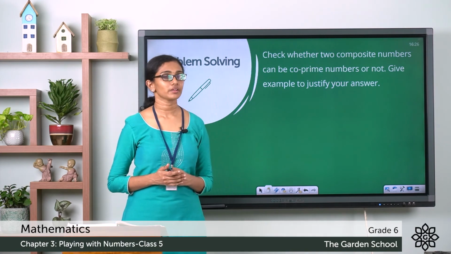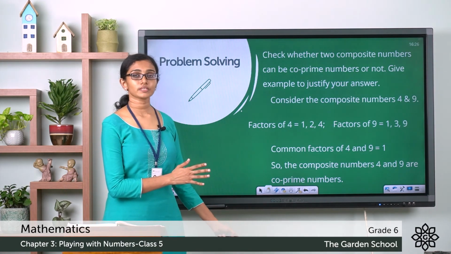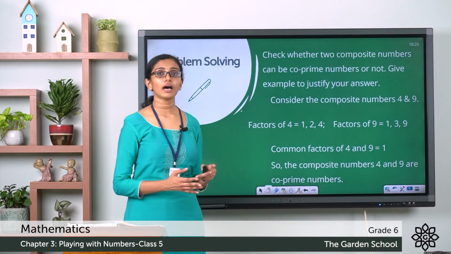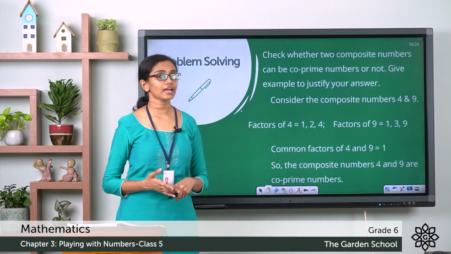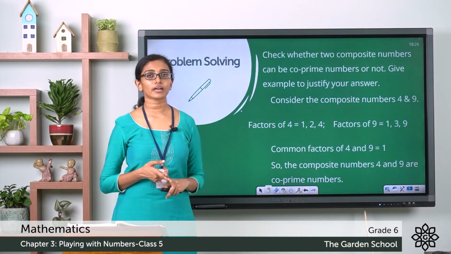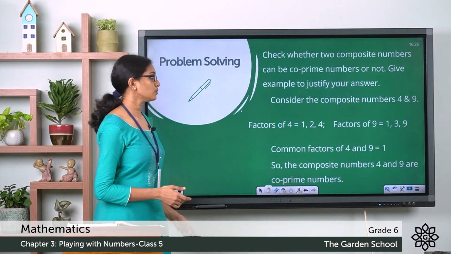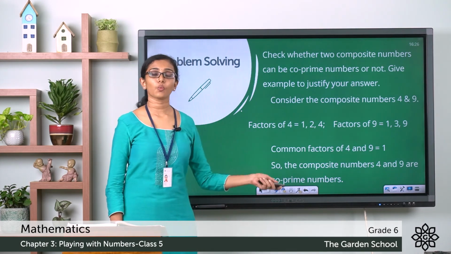I'll give you an example. Consider the numbers 4 and 9. 4 is a composite number, 9 is also a composite number. The factors of 4 are 1, 2 and 4. The factors of 9 are 1, 3 and 9. Do you see any common factors for 4 and 9? When you observe the factors, you find that the only common factor for 4 and 9 is 1.